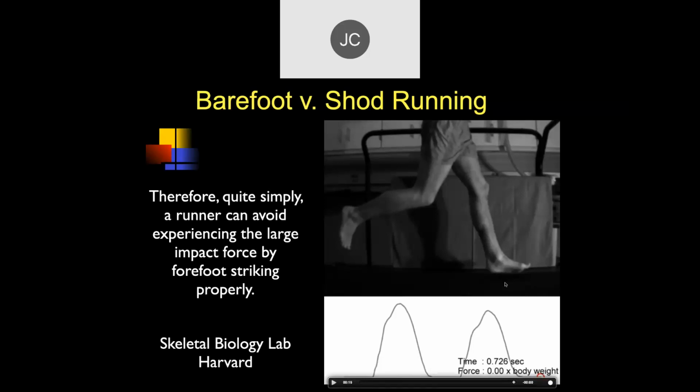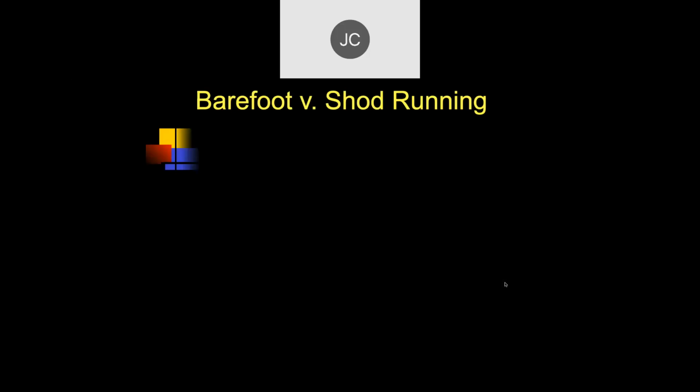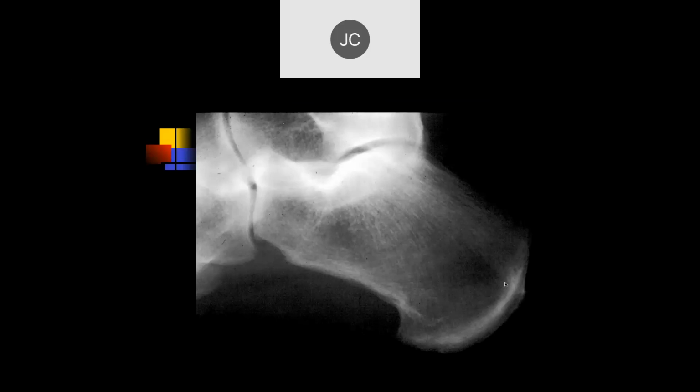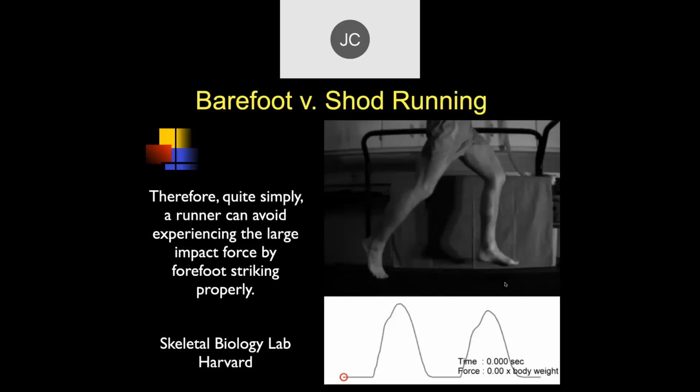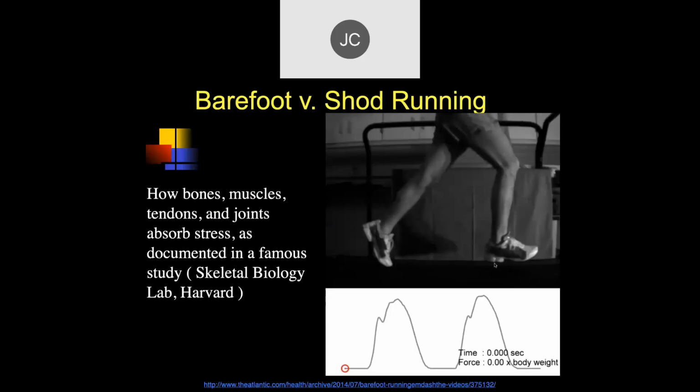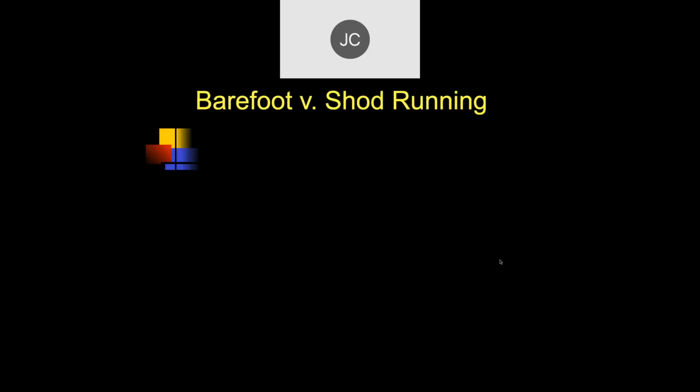So that's really got to be kind of the baseline in determining what's the best footwear. So the bottom line is that when you run with shoes, you develop this severe heel strike, and that can produce a lot of the pathology that we're going to talk about when it comes to heel pain in a minute.